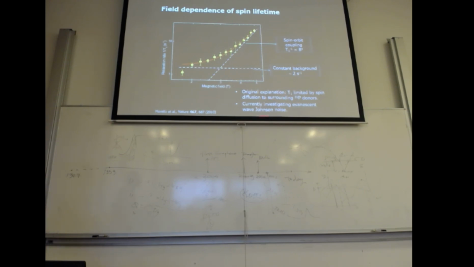People in the team were investigating if it could be Johnson noise on the metal gates nearby, but this never got truly clarified. I think this is still open. It could be charge noise in the system. Anyway, a T1 of almost a second for an electron is more than enough, right? We need to worry about T2. That is the message here.